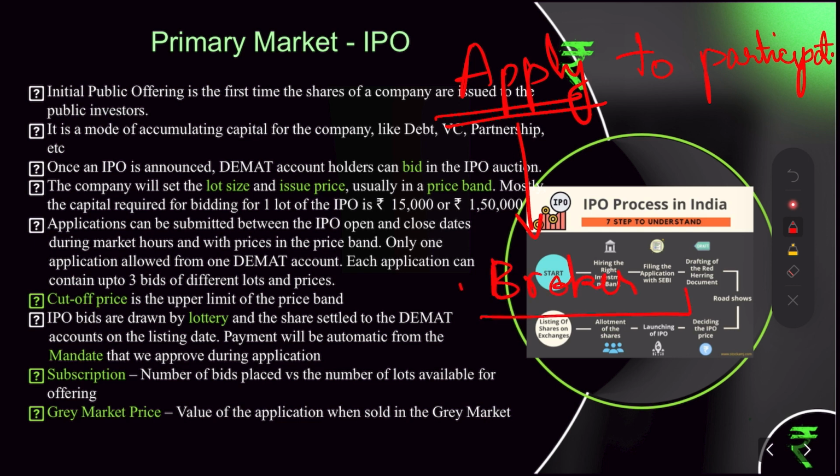Every broker provides you with a feature to apply for an IPO. So this is a very easy step. It will take hardly 10 minutes max. You have to apply for the IPO, and the allotment process will be a lottery based auction.